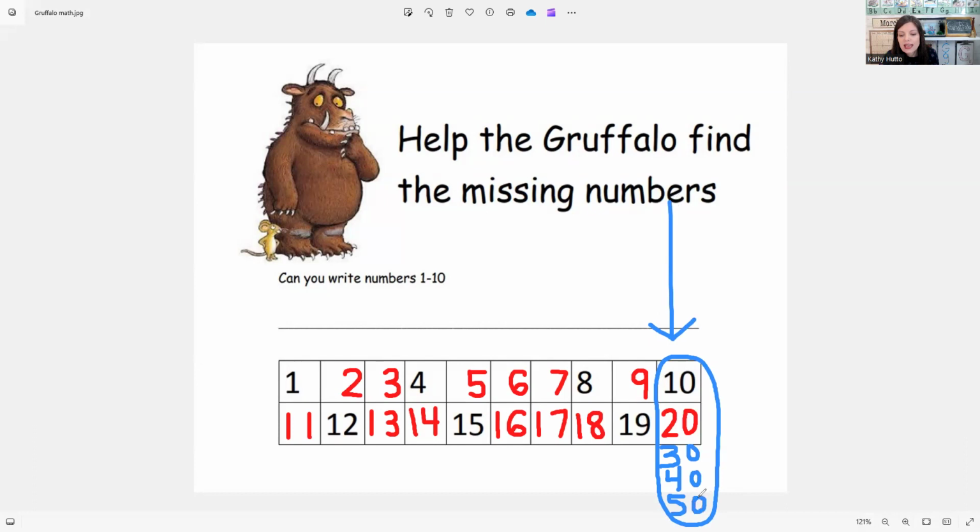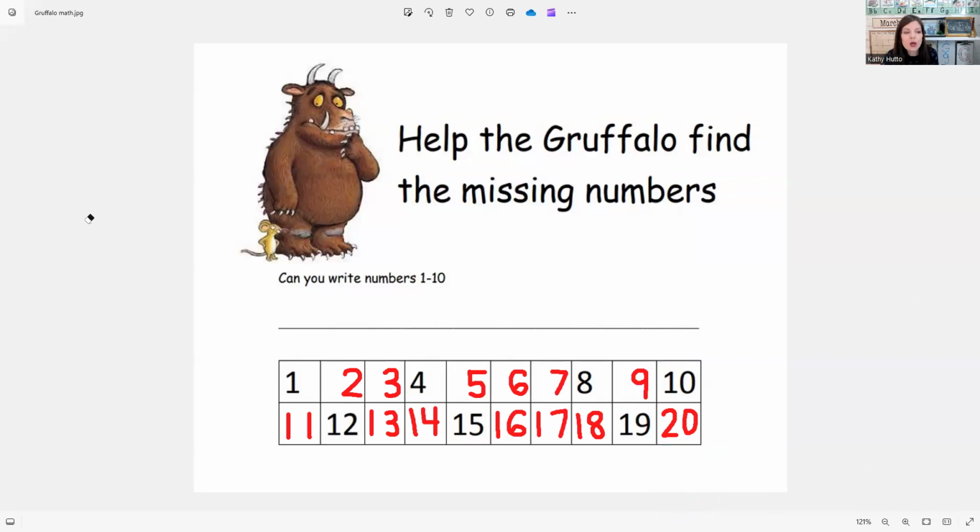These are called the tens. To count by tens, we say 10, 20, 30, 40, 50, and we can keep going. 60, 70, 80, 90, 100. So it's easy to count big numbers and to write big numbers when you know the patterns.